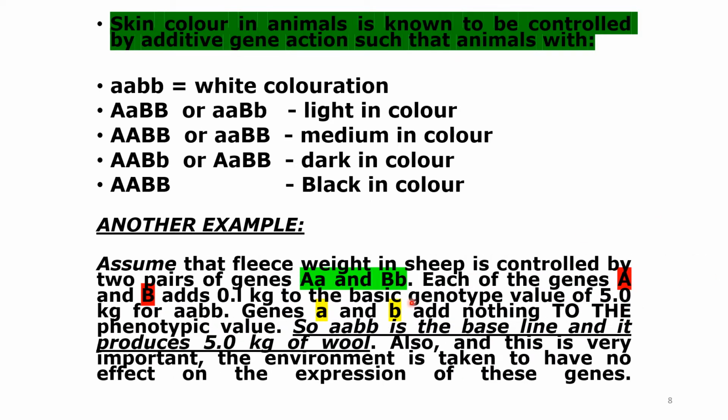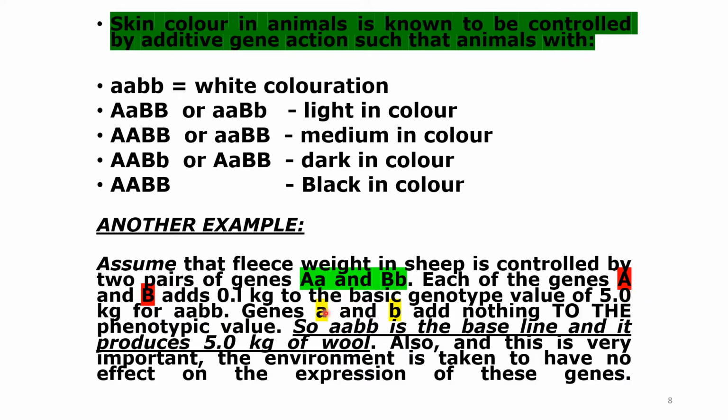We want to assume that fleece weight, we're not looking at color in this case, fleece weight in sheep is controlled by two pairs of genes, that's capital A small a and capital B small b. And each of the genes, capital A and capital B, adds 0.1 kilogram to the basic genotype value of 5.0. It means that the initial level for small a small a small b small b is 5.0 kilograms of fleece weight.